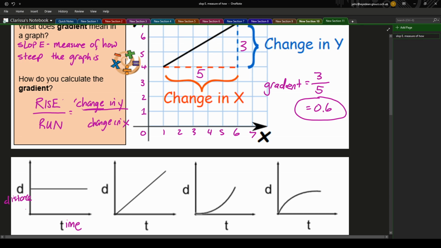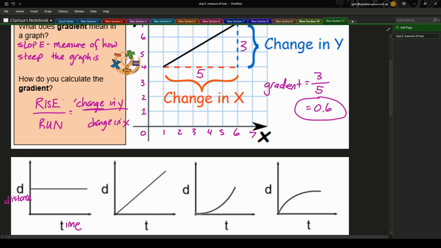So that's what a distance time graph is. Distance on y-axis, time on x-axis. And a lot of the questions that you're going to come across when it comes to distance time graphs is basically thinking about describe the motion of the object based off of what the graph looks like.